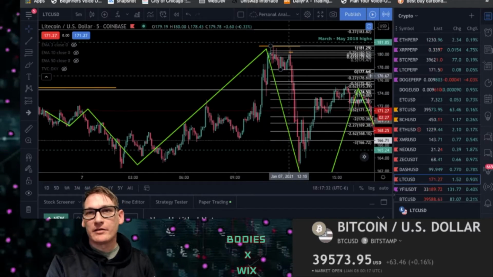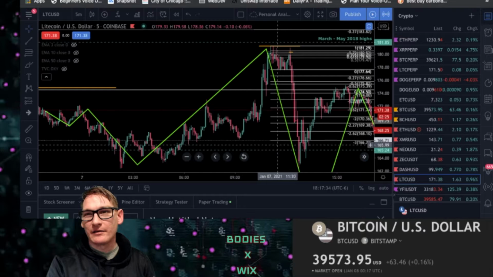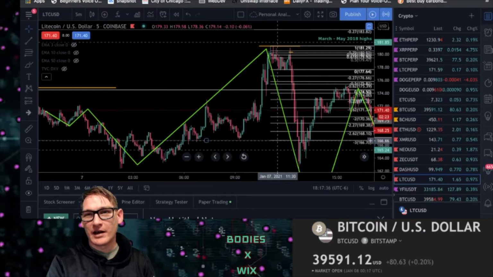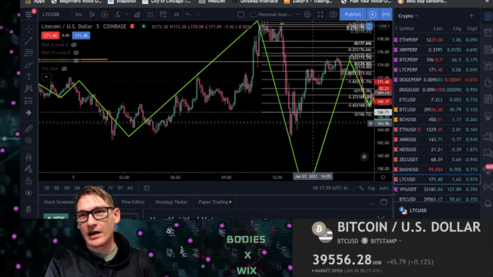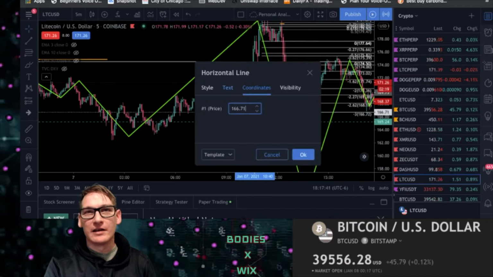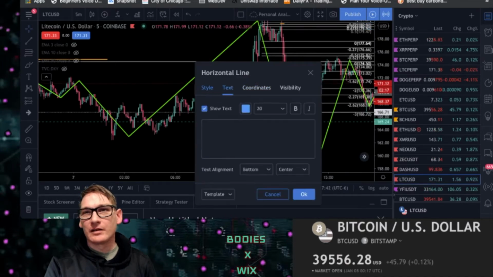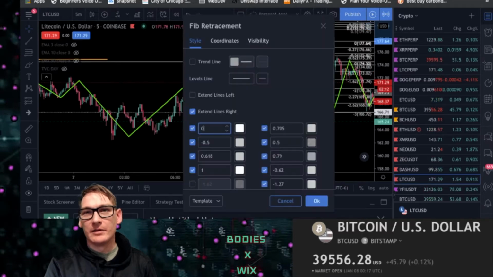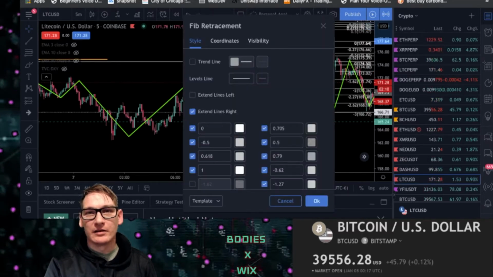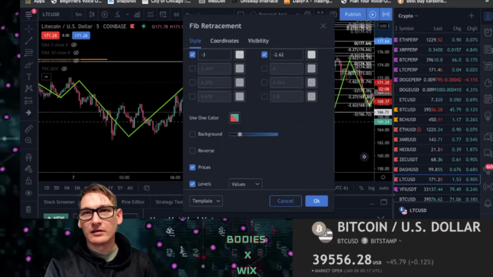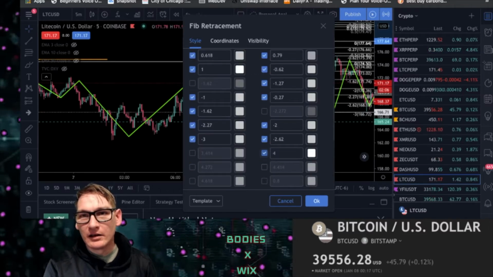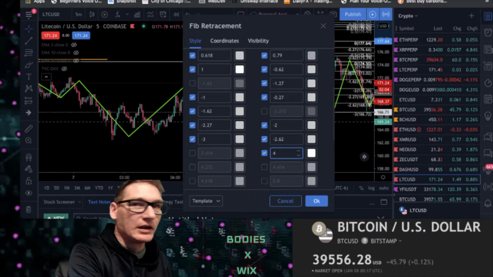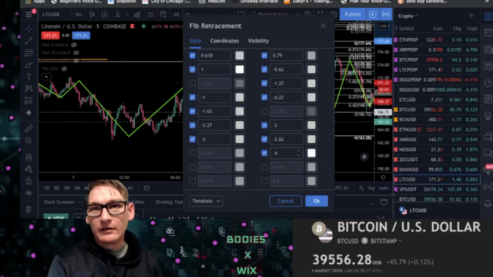And as soon as I measured that out and saw that 3 times, it probably went another 4 times, honestly, if we actually horizontal line. Let's actually bring up the fib, and let's do a -4.